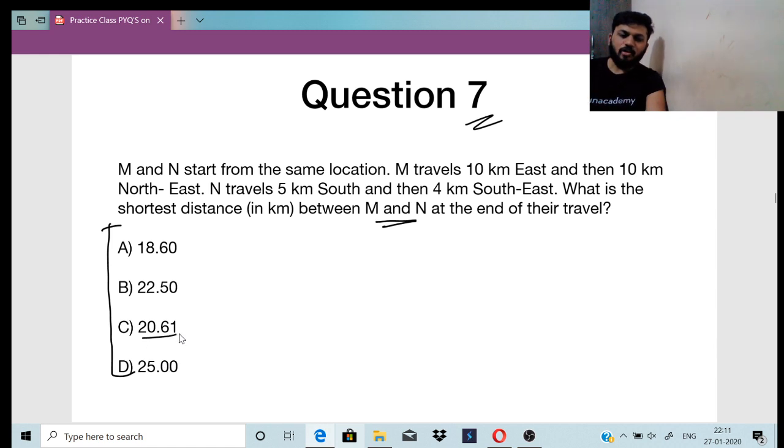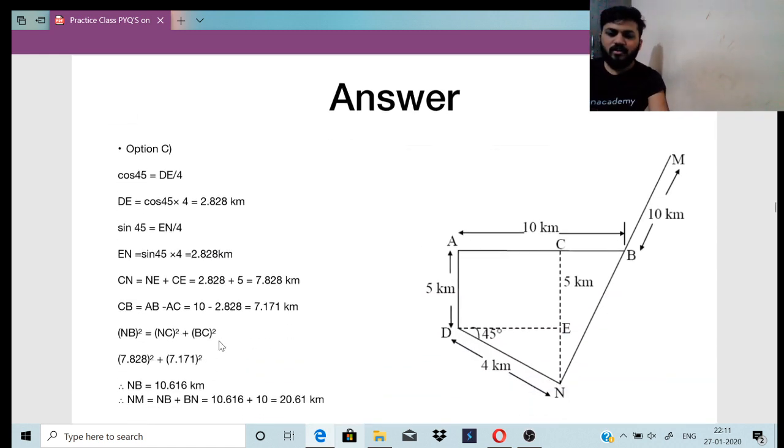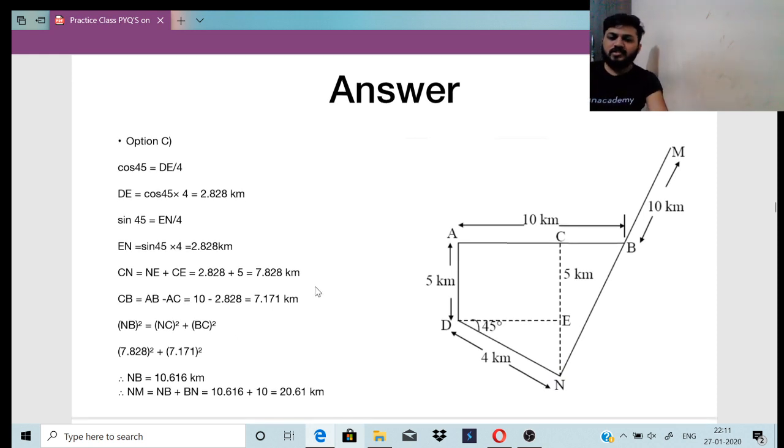Okay, Pranav is telling it's option C, 20.61. Let's find out the solution now. Yes, it is option C.